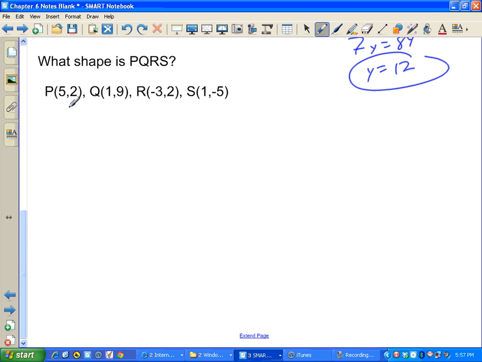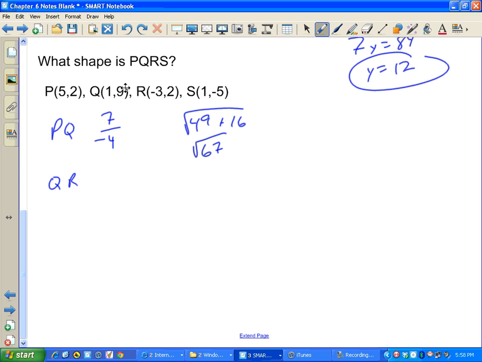What shape is PQRS? We're going to use the distance formula and the slopes again to figure out what this is. Let's find PQ, the slope and the distance. For slope, I'm going to take 9 minus 2, which is 7, and 1 minus 5, which is negative 4. For the distance, 7 squared is 49, 4 squared is 16, and if I add those up, I get the square root of 67.